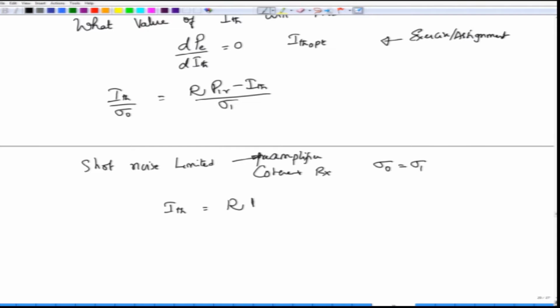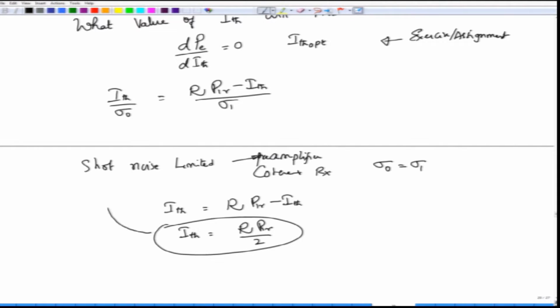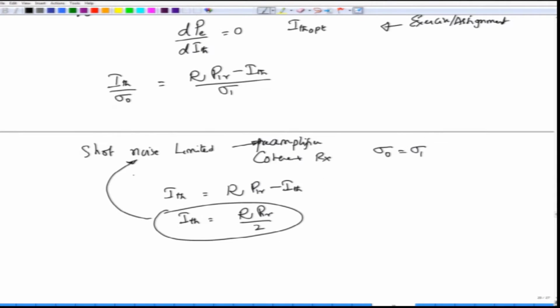ITH is equal to R P1R minus ITH, or the threshold value that minimizes the probability of error is given by R P1R by 2. So, this is the halfway mark between what you receive as bit 1 and what you receive as bit 0, but this threshold works only when you are shot noise limited.